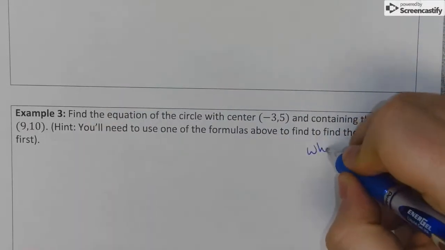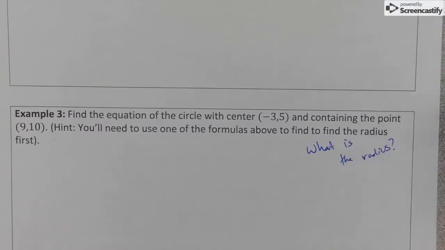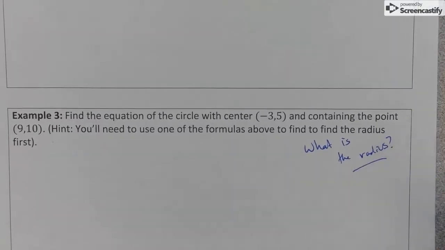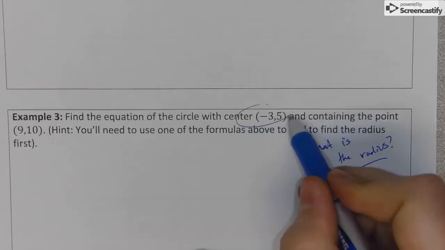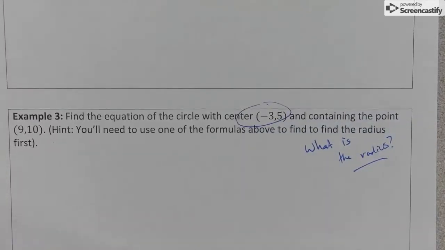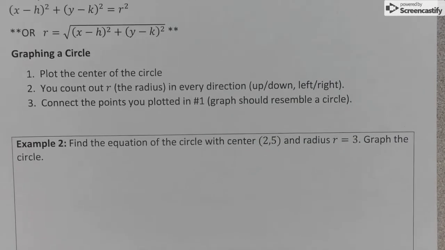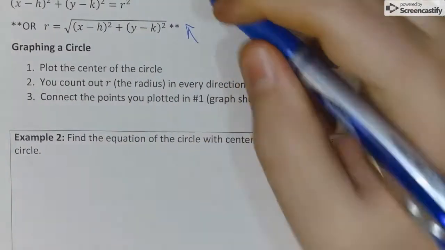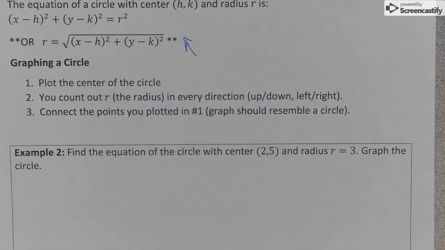So we want to determine first what the radius is, because after we find the radius, we already know what the center is. They say it's -3, 5. So if we go back up and we look, the second form of the equation of a circle is this: r equals the square root of x minus h squared plus y minus k squared.